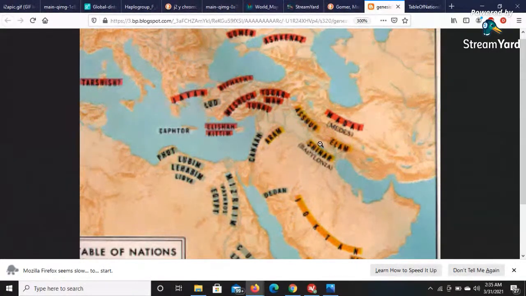Those are the Semitic sons of Shem. And we have Gomer, Javan, Meshech, and Tubal, and Magog over here, who were the sons of Japheth.